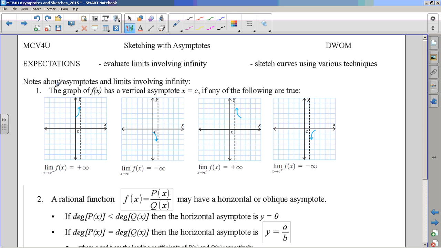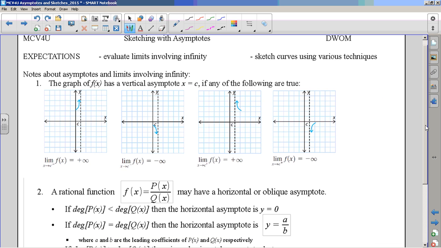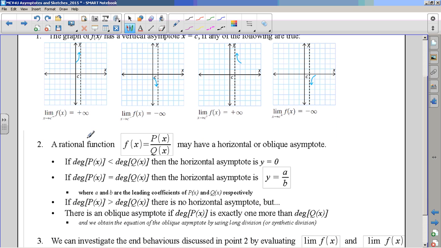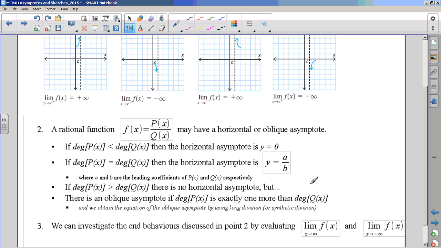So these are the notes about asymptotes and limits involving infinity, and we talked about this stuff during the warm up. The second point was this idea that the degree determines where the horizontal asymptote is, and there's a special reminder: if the top is bigger than the bottom, there's no horizontal asymptote.